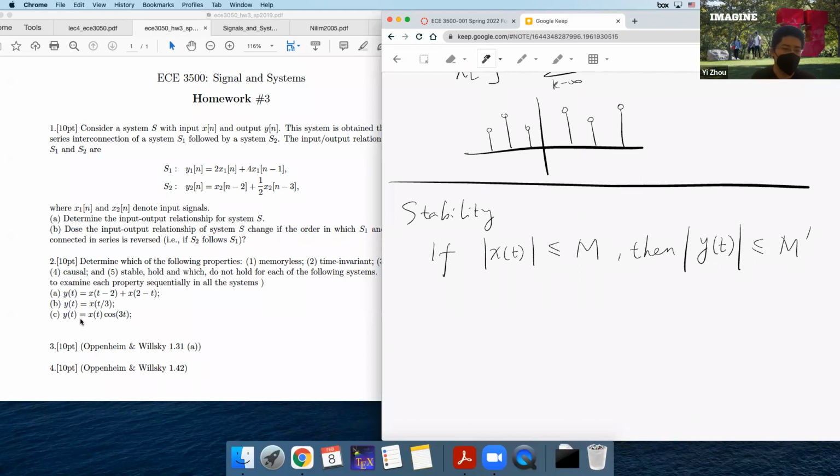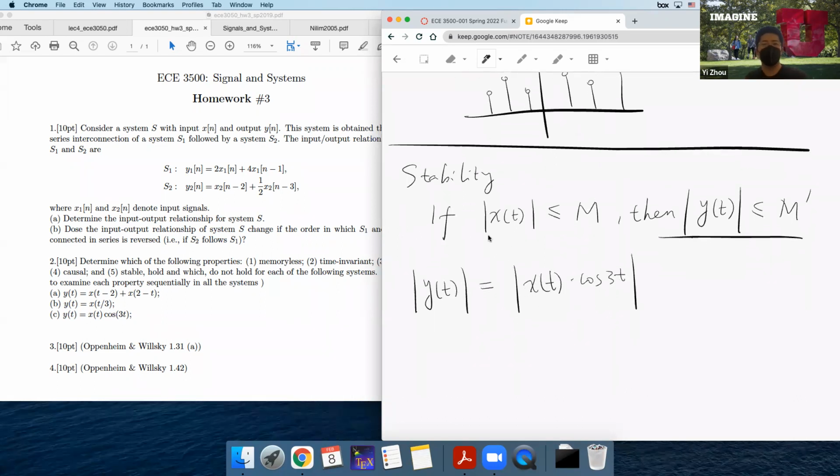So the goal is to bound the magnitude of y(t). The system equation says that y(t) is the input x(t) times cosine 3t. So basically, we need to bound the magnitude of this one.